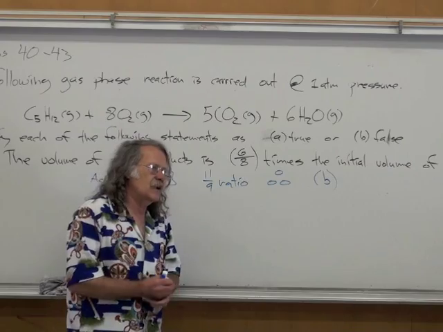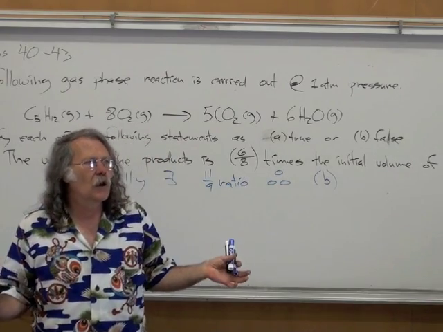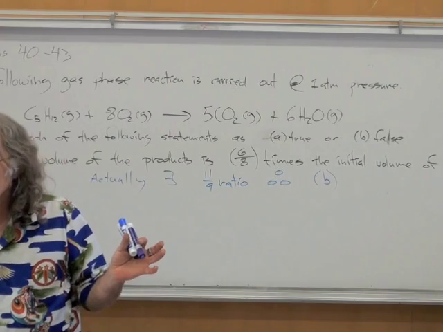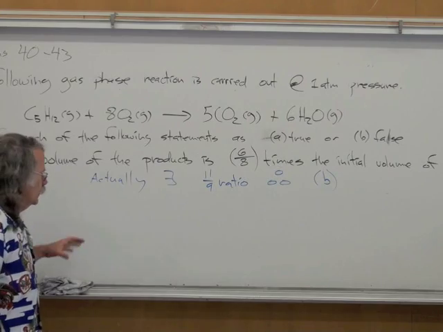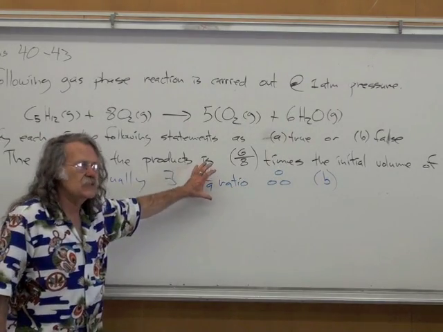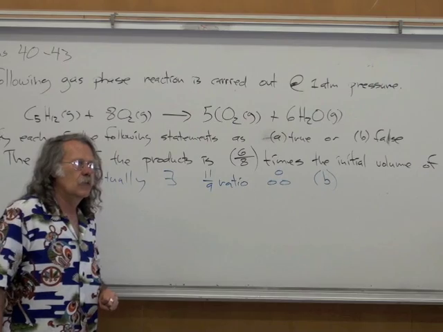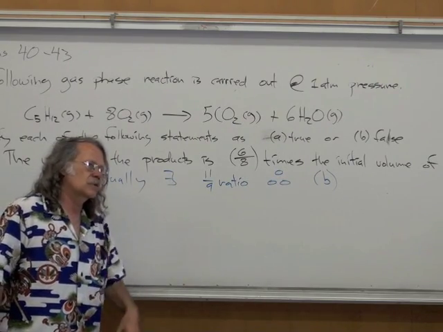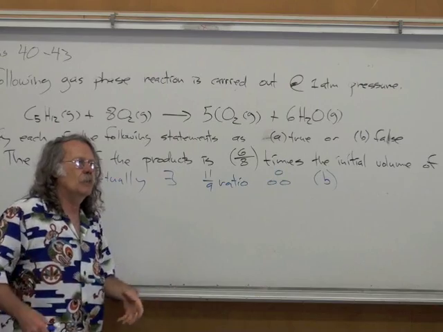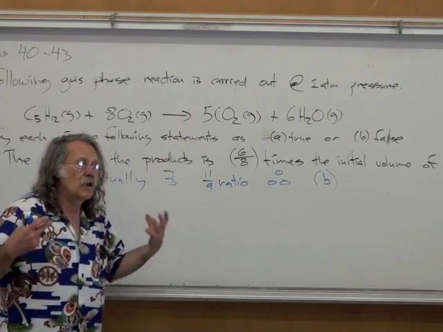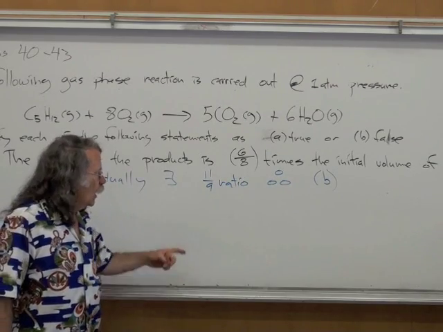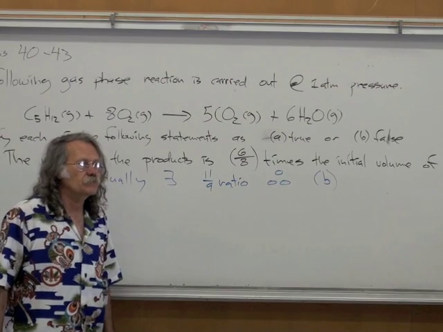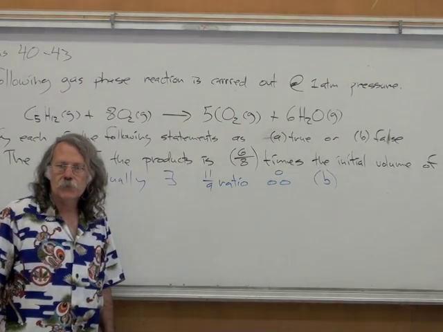So if I maintained 1 atmosphere the whole time and the reaction went 100% to completion, then I would see the volume increase slightly. And the ratio of the volume of the products to the volume occupied by the reactants at constant pressure and temperature would be 11 to 9, and not 6 to 8.